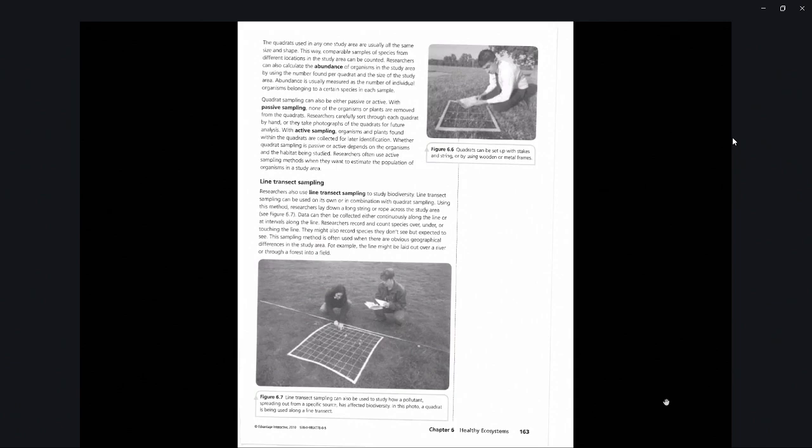Okay, there's two types of quadrant sampling. We have passive or active. Basically it means in passive sampling that you don't remove any of the organisms, plants, any animals. They are not removed from the quadrant. So you go down, just like that gentleman's shown there.